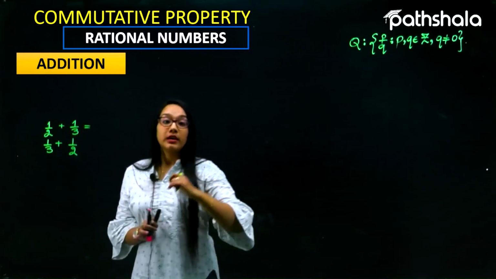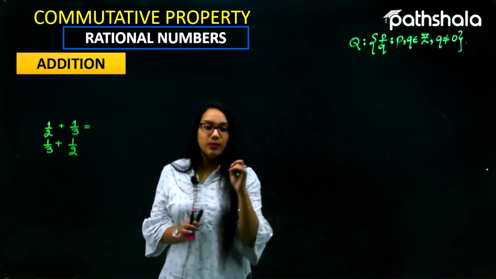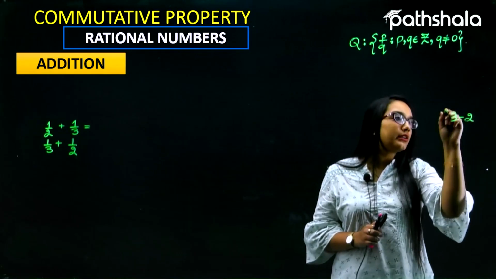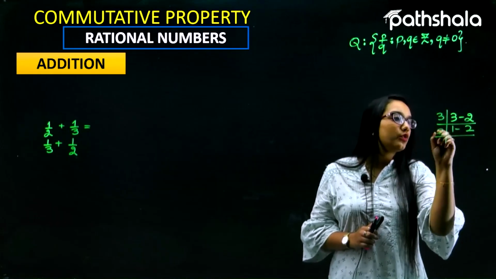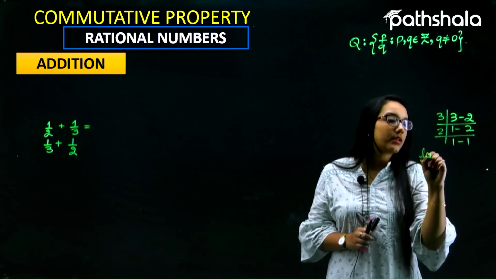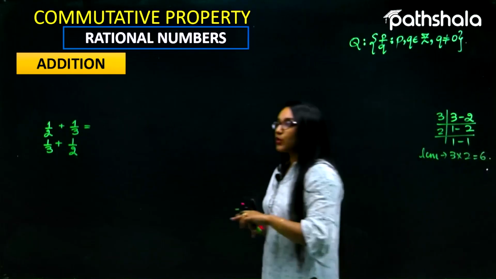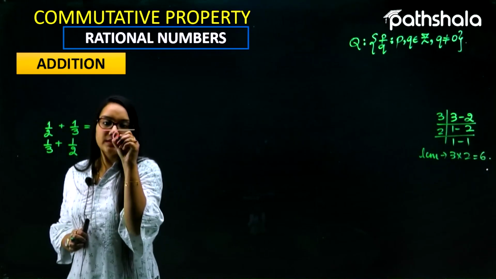The LCM of 3 and 2 is nothing but 6. As we know, for the LCM of 3 and 2, 3 ones are 3, 2 ones are 2, so the LCM will be 3 into 2, which is 6. So for 1 by 2 plus 1 by 3, the LCM is 6.